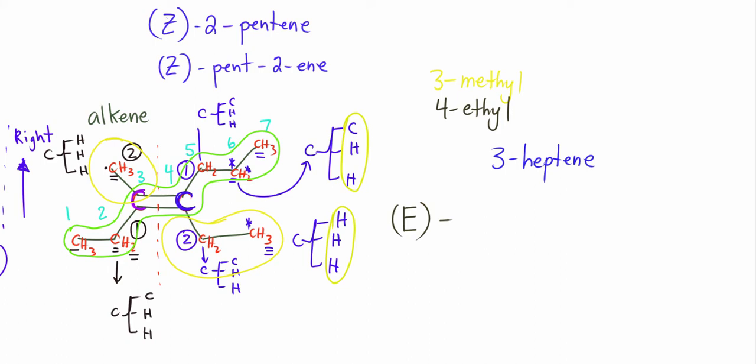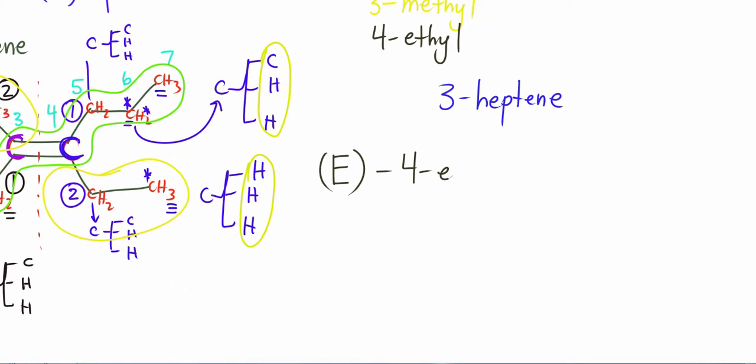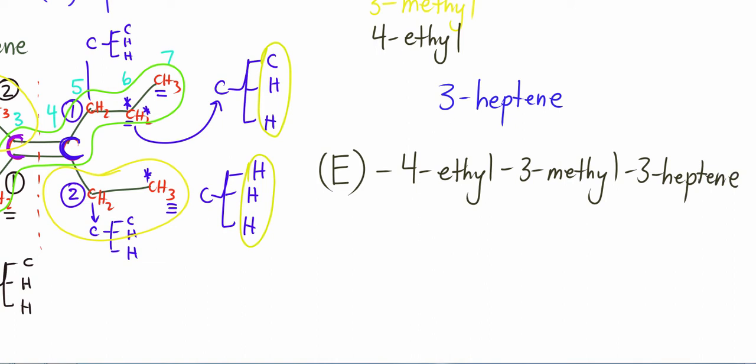So we have E, 3, nope, E, 4 ethyl, excuse me, alphabetical order, dash 3 methyl, dash 3-heptene.